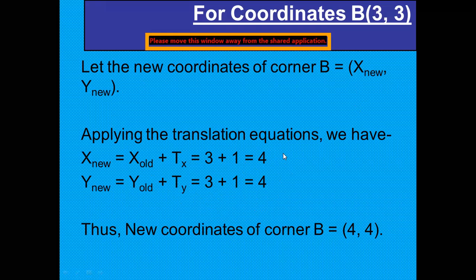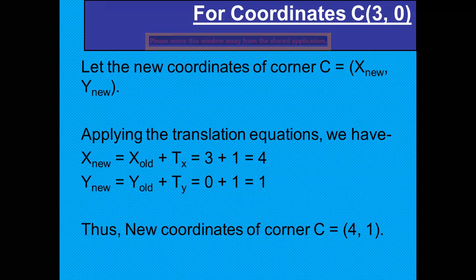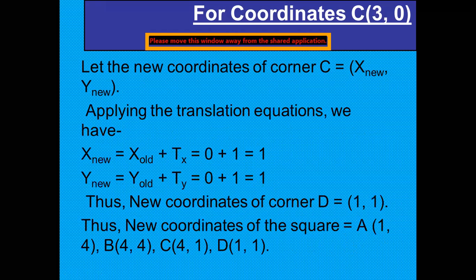So these are the new coordinates for vertex B. Now calculate similarly for C. Put in the formula: (3, 0) is already given, and tx and ty are 1. Then you can easily calculate x new 4, y new 1. These are the new coordinates for vertex C. Now we can write here C is equal to (4, 1).